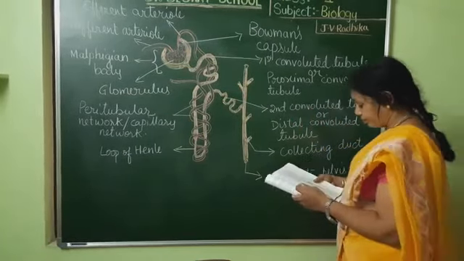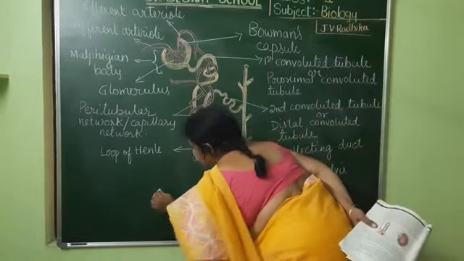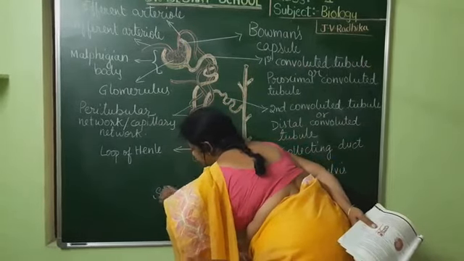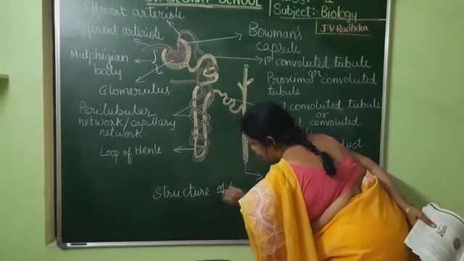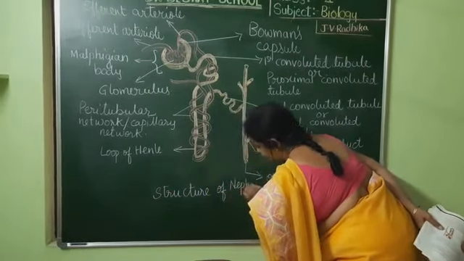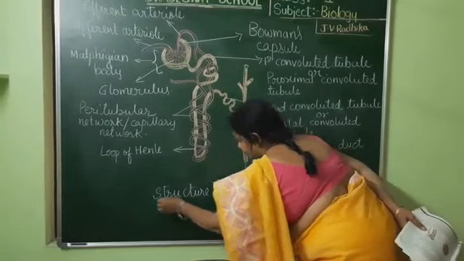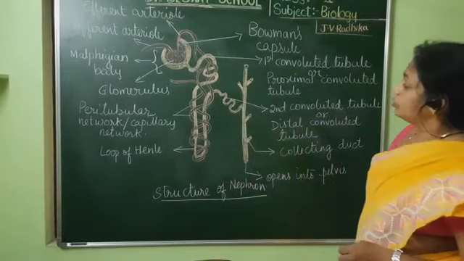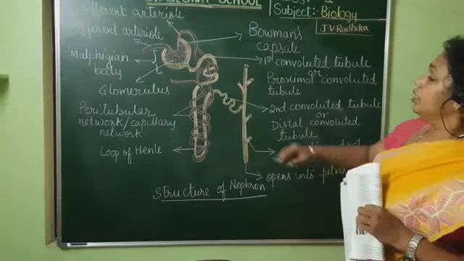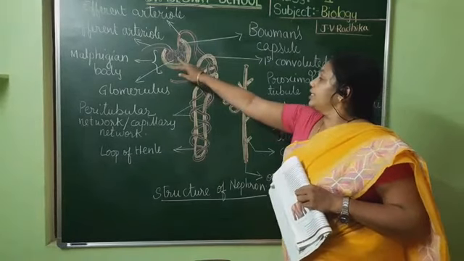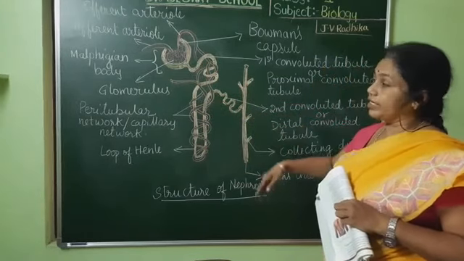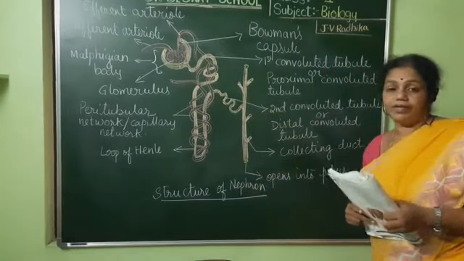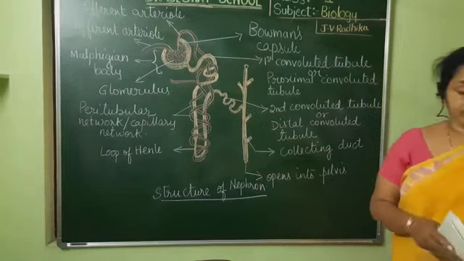This is called the structure of nephron. So what are the different parts? The Bowman's capsule, inside that the glomerulus, then the PCT, then loop of Henle, DCT, collecting duct. First complete the diagram, then briefly I'll explain the parts again.